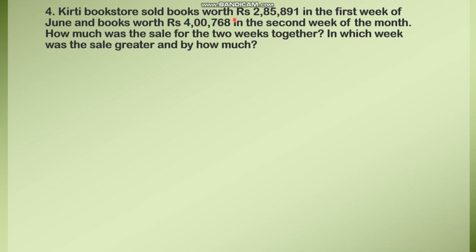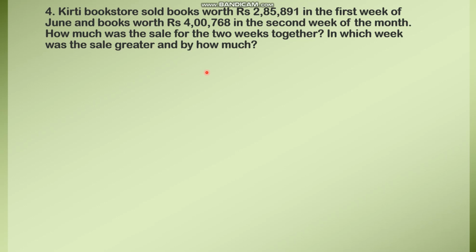After that, in which week was the sale greater? That means you check which is the bigger number here. That is the greater sale. And then by how much? By subtracting the smaller number from the bigger number, you will get the difference.